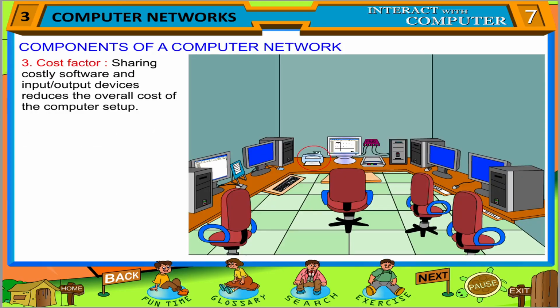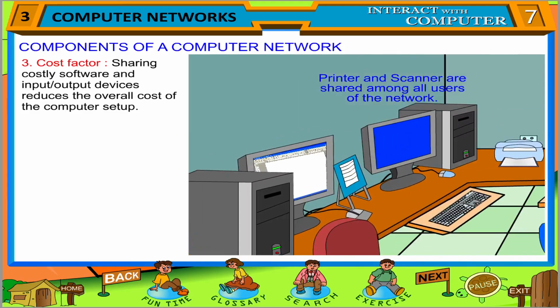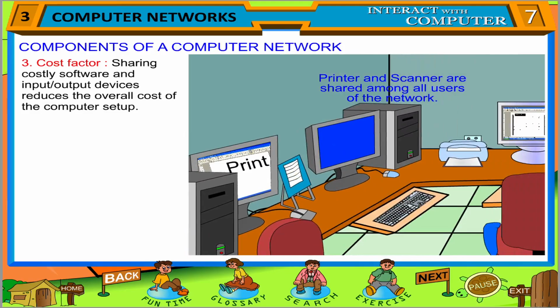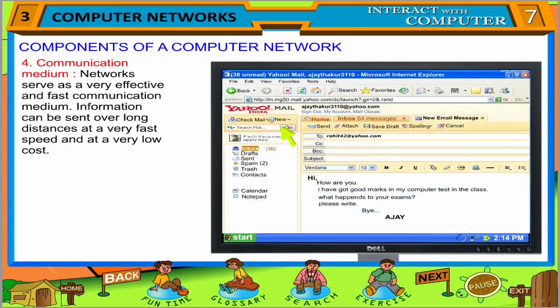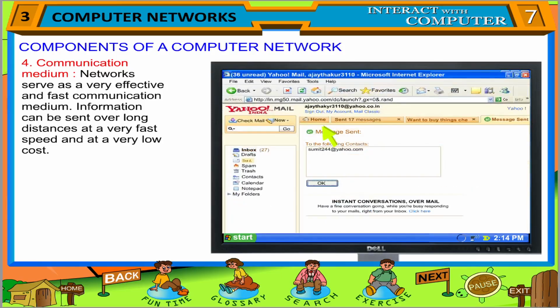Sharing costly software and input-output devices reduces the overall cost of the computer setup. Communication medium. Networks serve as a very effective and fast communication medium. Information can be sent over long distances at a very fast speed and at a very low cost.